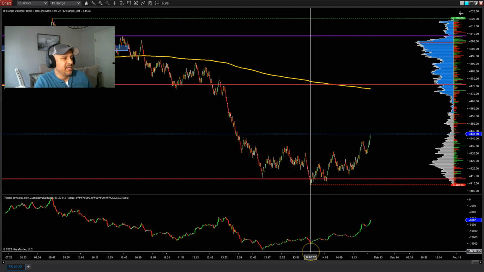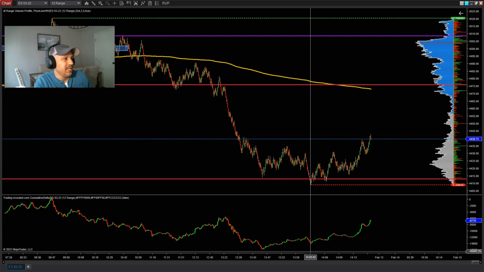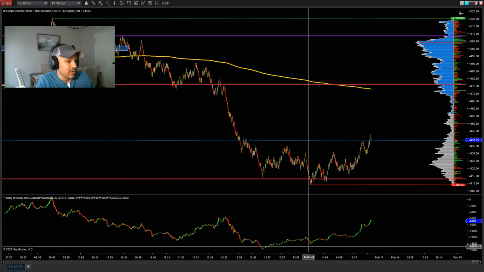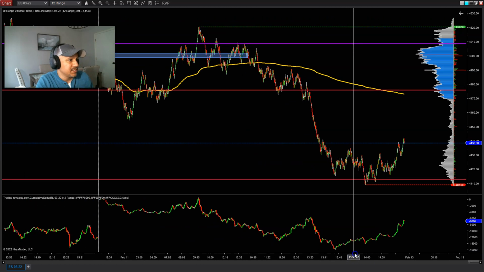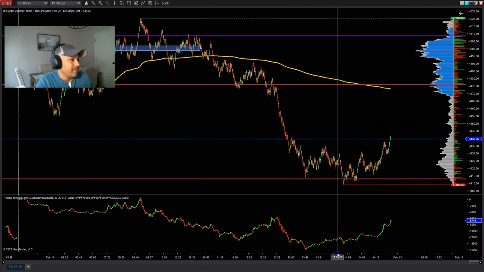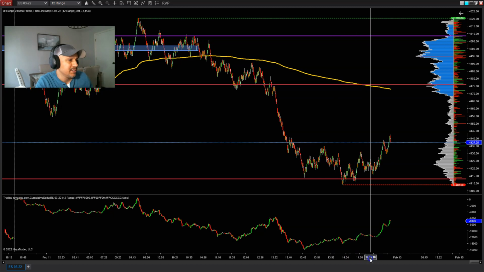So the ES is almost 3 times the size of the Nasdaq. It is a little bit trickier to trade, but as far as profitability and making your money quicker, I like trading the ES because of the higher tick value.